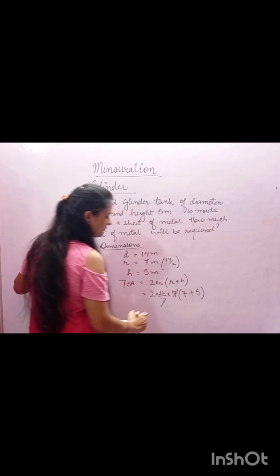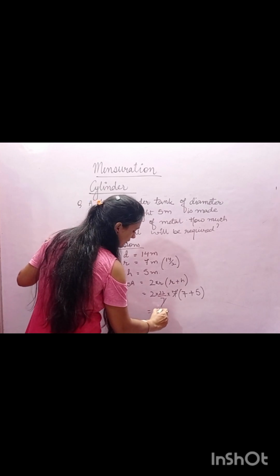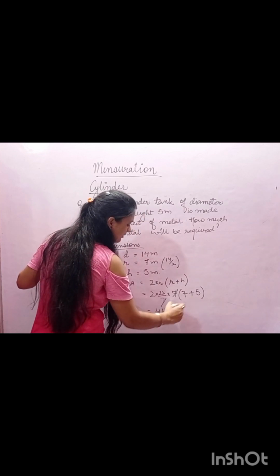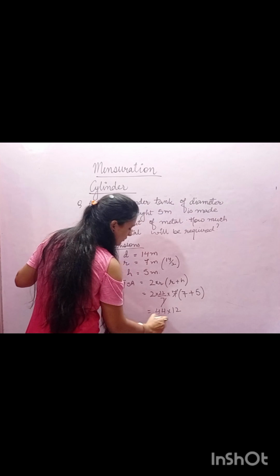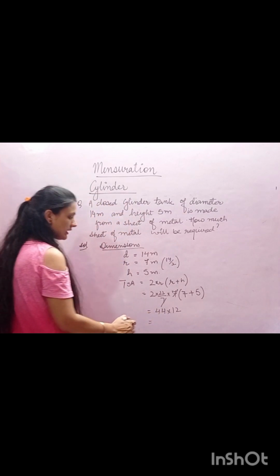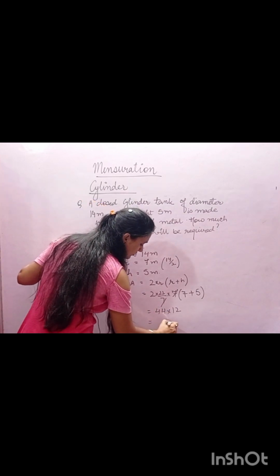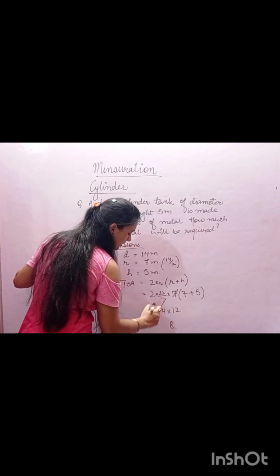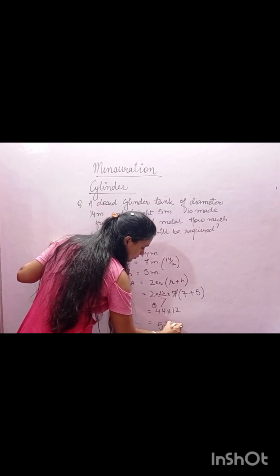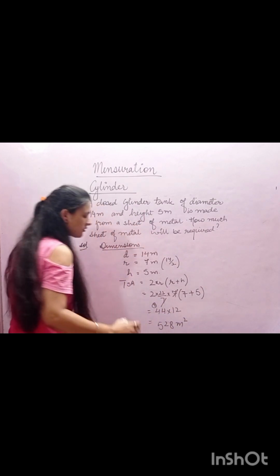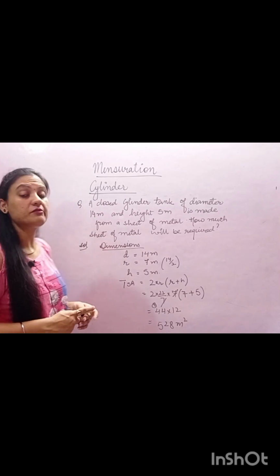This 7 will be cancelled. Here 44 multiply 7 plus 5 is 12. So now you have to multiply and get the answer. 12 fours are 48, 12 fours are 48 plus 4 is 52. So the total sheet required is 528 meter square.